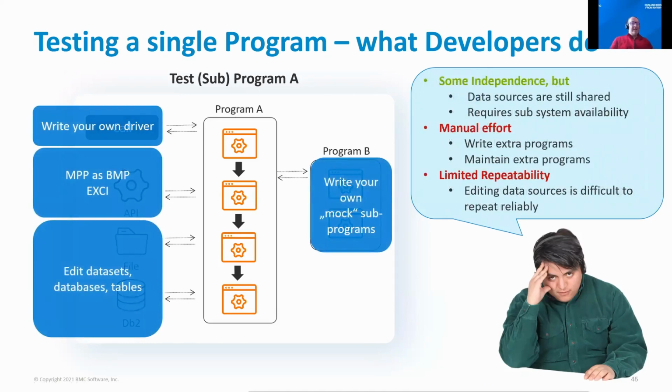So what many developers around the world do, and I think what everyone on this call has done in their life already, is writing your own driver programs, feeding those programs with artificial input data, calling our subprogram, and then finding ways to determine if we returned the right output data in our tests. Very often, or sometimes, developers write their own mock programs, so artificial versions of subprograms.